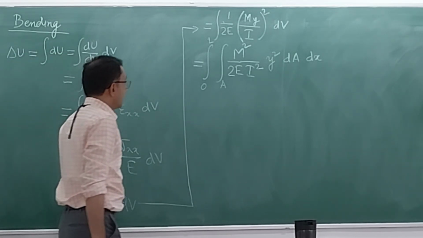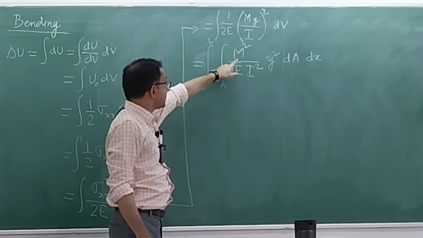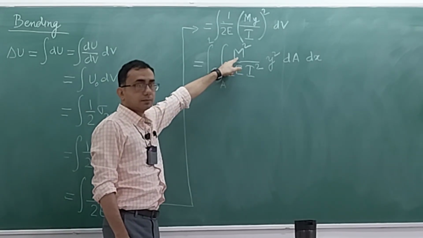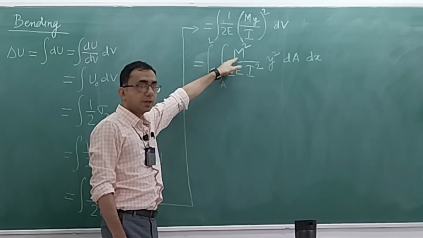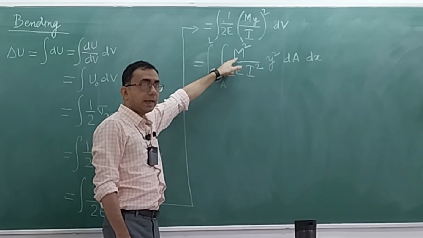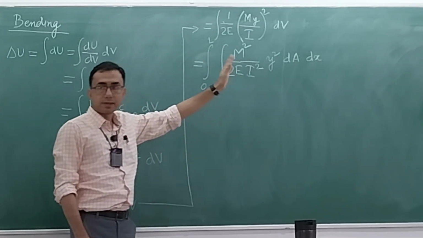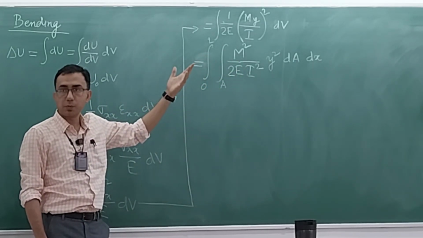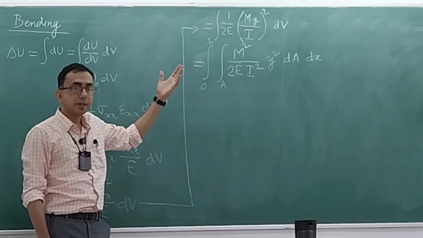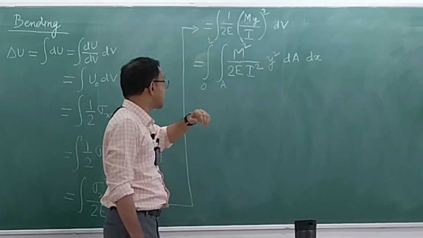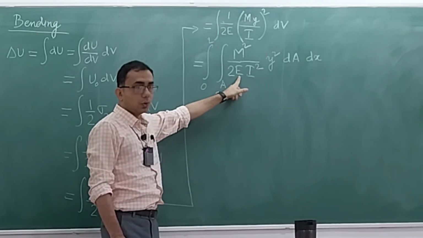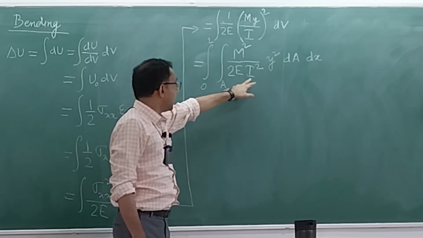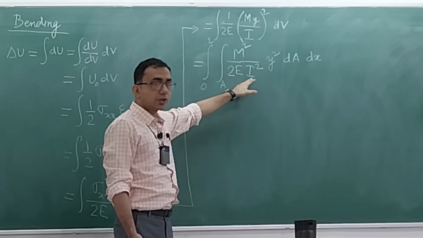Now you tell me, within the cross-section, is the M changing? Certainly not. M is changing with respect to x. You have done so many shear force bending moment diagrams, right? So M is changing with respect to x, not within the cross section. Young's modulus, no. I, again a property of the area, so it is not varying with the area.